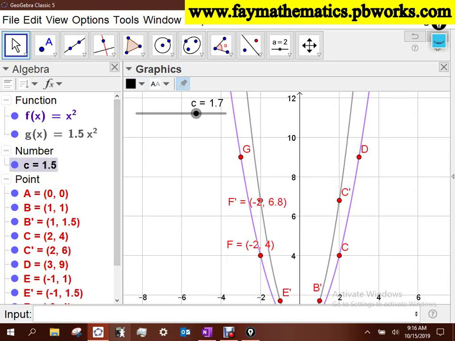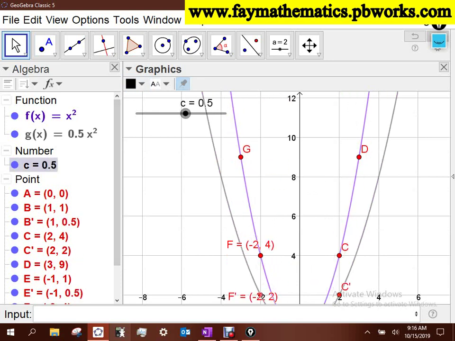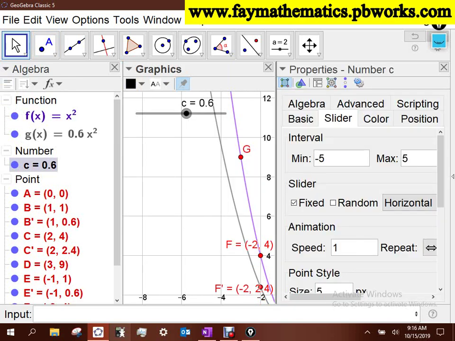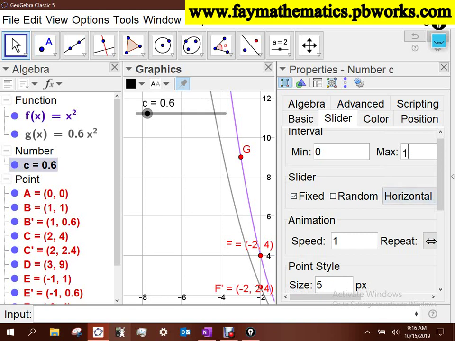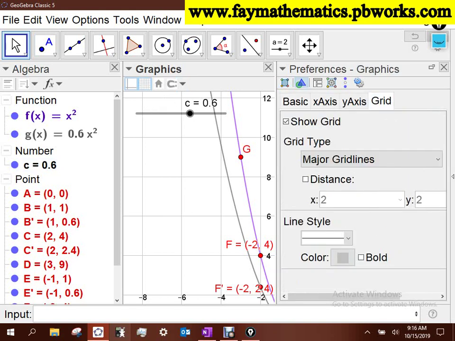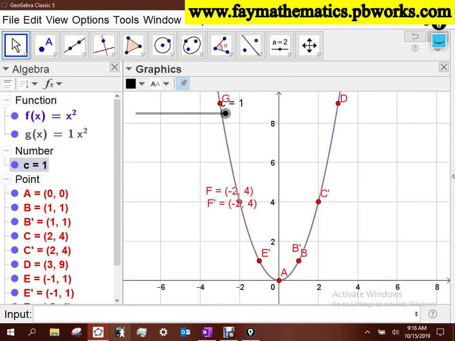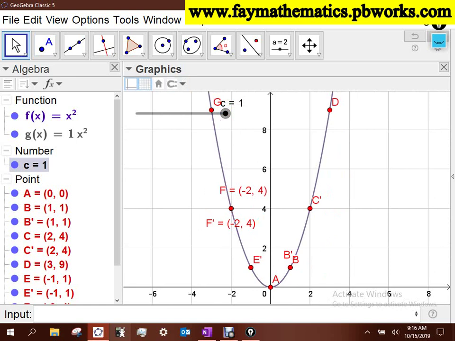Okay. So now the question is, what happens when this is between 0 and 1? When C is between 0 and 1, we'll put it back at 1, and that gives me that function, so F and F prime are the same point.